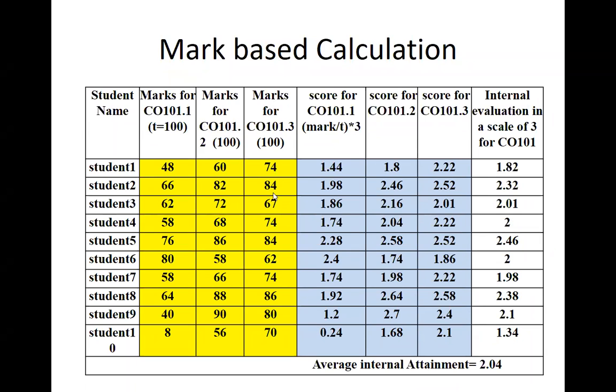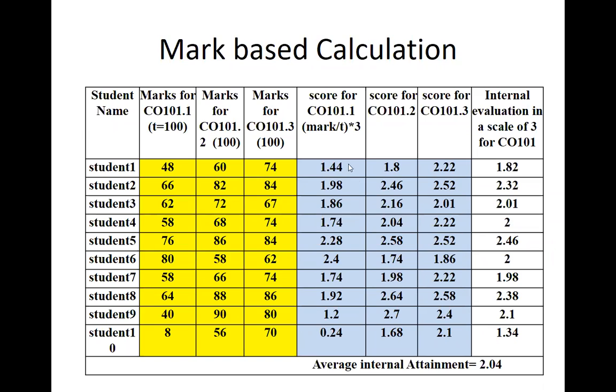Course outcome 3 also say I have tested for 100 marks. Then I normalize the value just by dividing by 100 and multiplying by 3. So all the 3 course outcomes I do in the same manner. I normalize the values and multiply by 3 to convert it to a scale of 3.